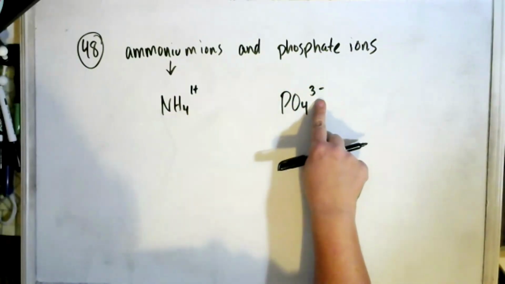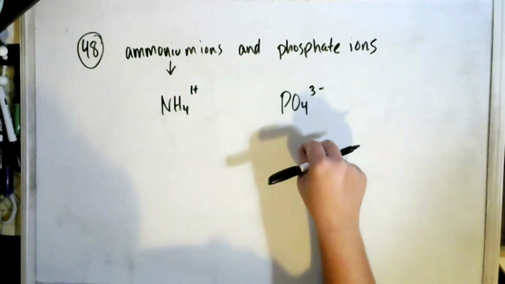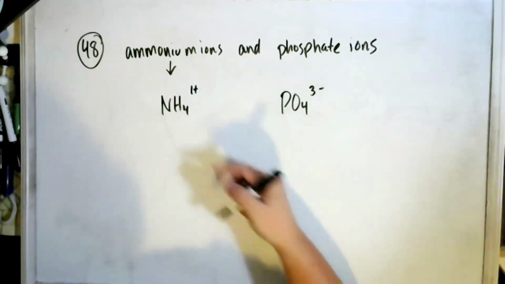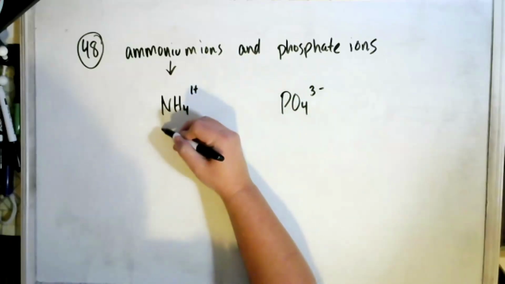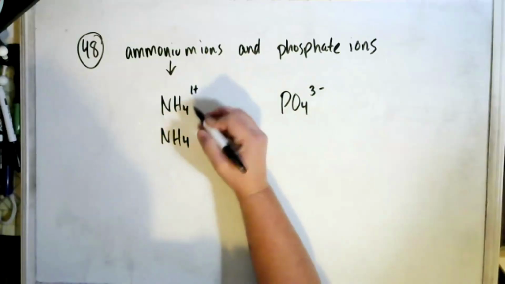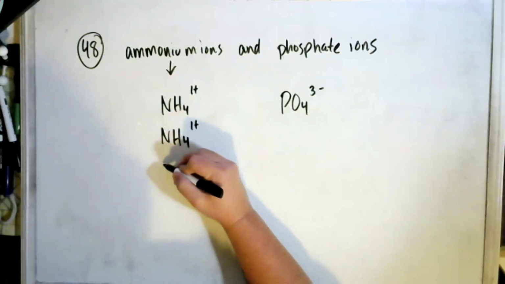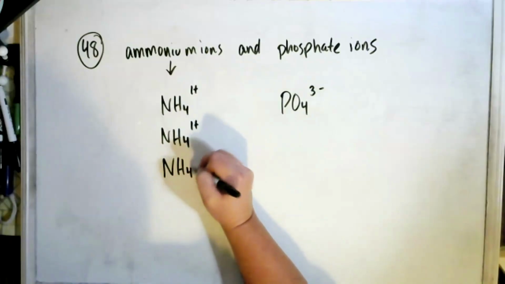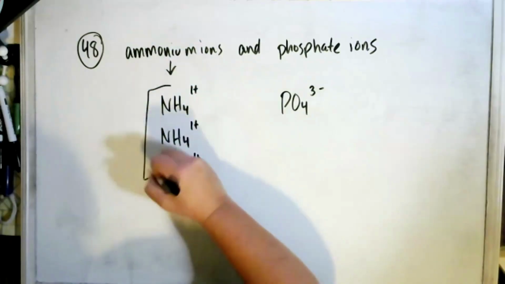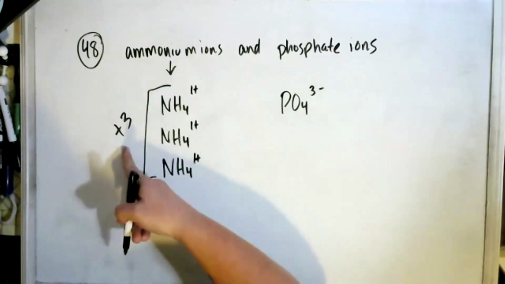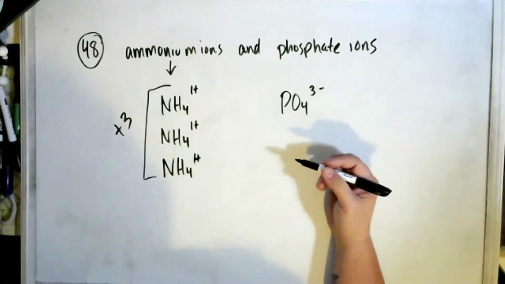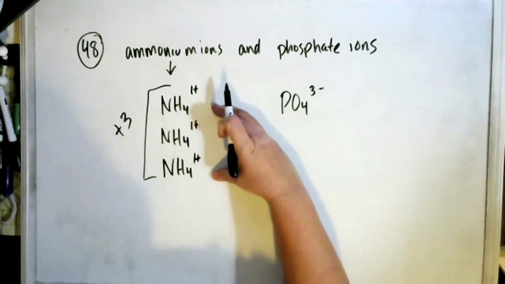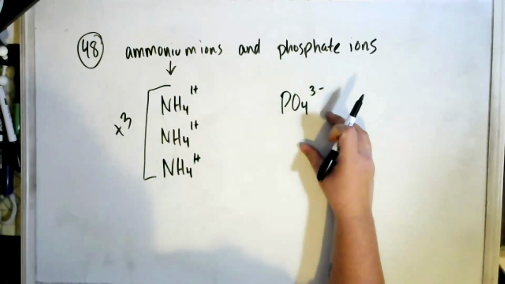And when we look at the charges, they need to be equal and opposite. So if I have a +1 here and a -3 here, I'm going to need 2 more ammonium ions to end up with enough positive charge to cancel out this -3. And when I write out my formula, it has to reflect 3 ammoniums, 1 phosphate.